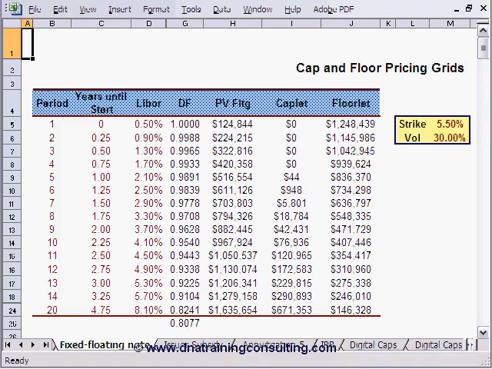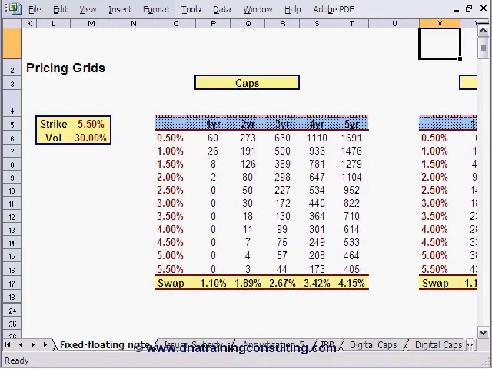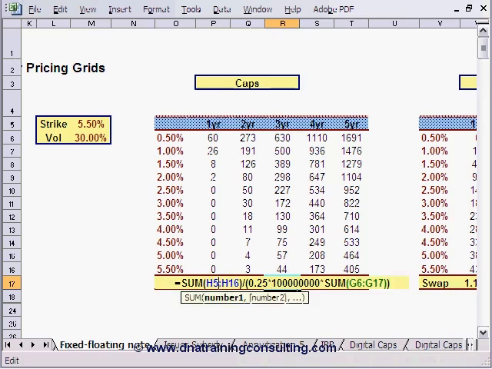The easiest way to do this in the worksheet is simply to amend the formula for the 3-year swap over here in this cell R17 by removing from the calculation the first 4 LIBOR references and related discount factors.